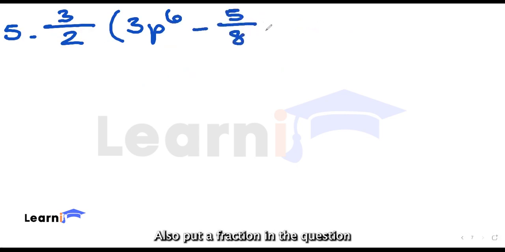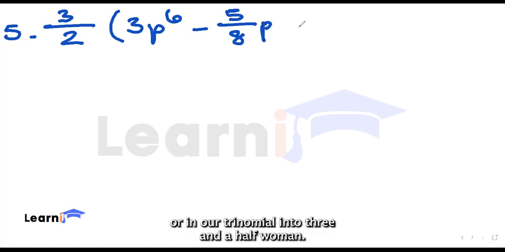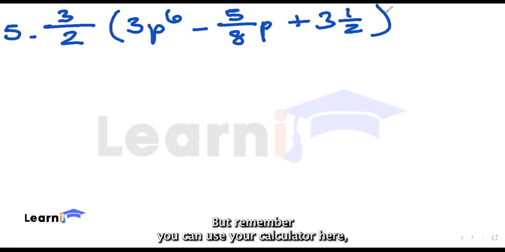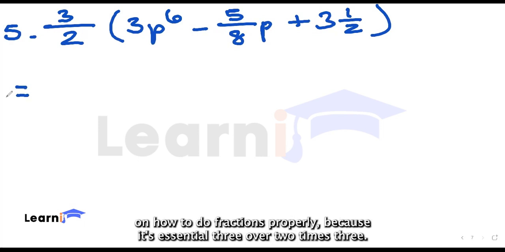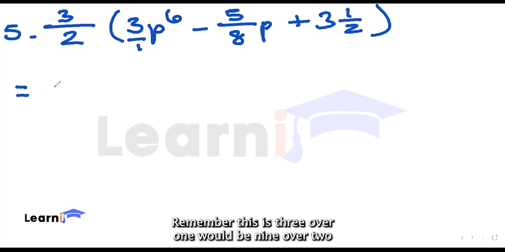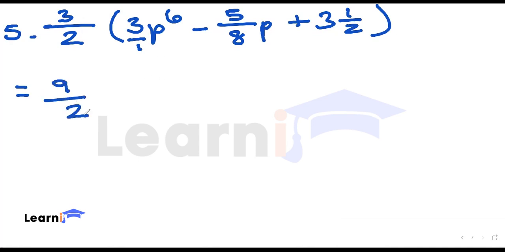Now here I also put a fraction in our trinomial, into 3.5. Ooh, looks crazy, but remember, you can use your calculator here. But I'm not going to use a calculator because I want us to do revision on how to do fractions properly because it's essential. 3 over 2 times 3, remember this is 3 over 1, would be 9 over 2.